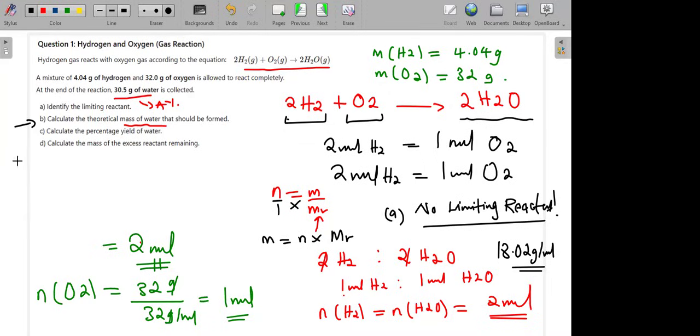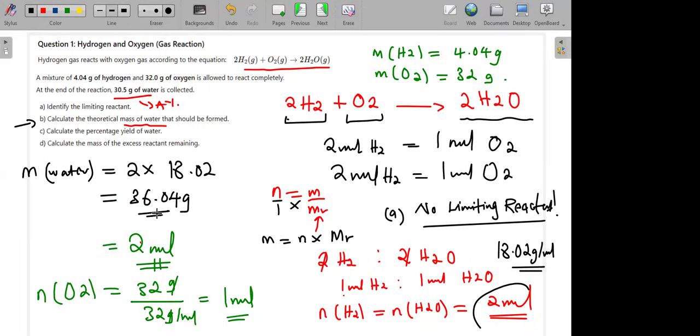The theoretical mass of the water, which is H2O, is equal to the moles, which I've found was 2, multiplied by the molar mass, which is 18.02. So if I do this, I find 2 multiplied by 18.02. So that will be what?